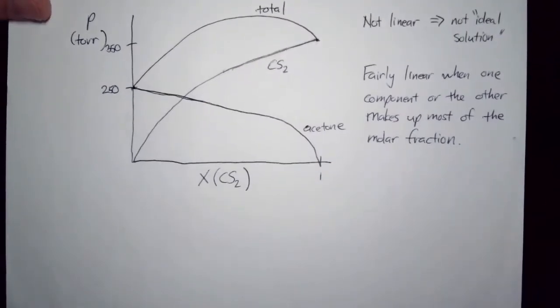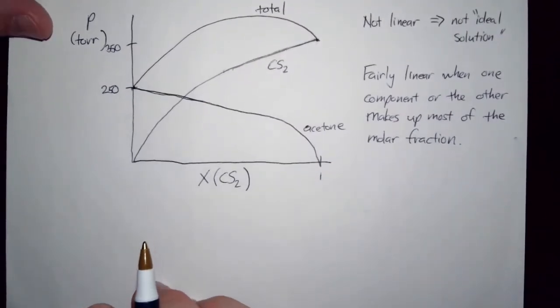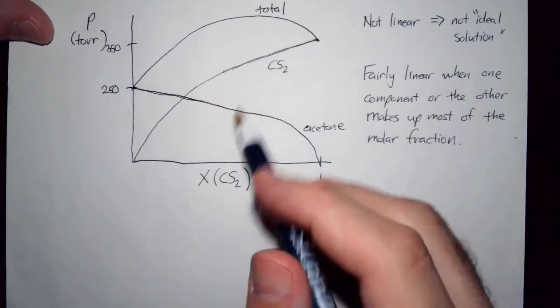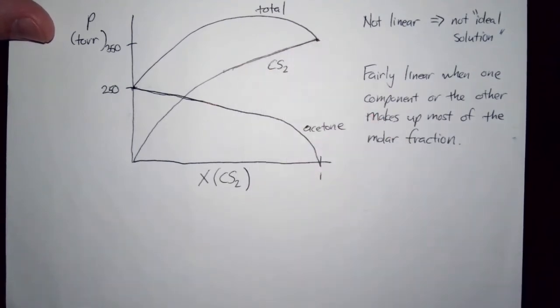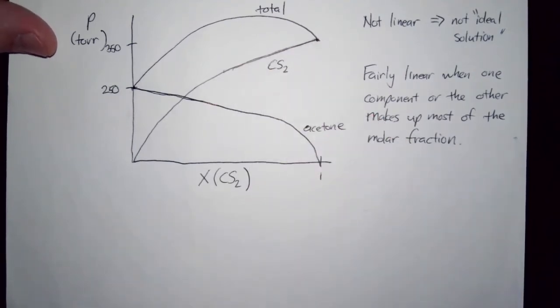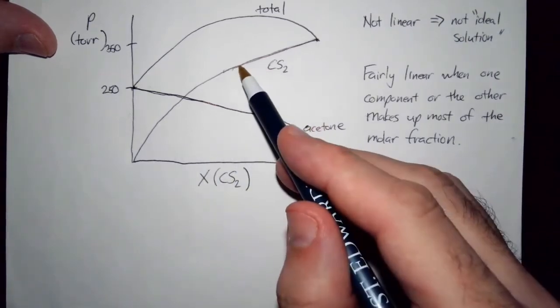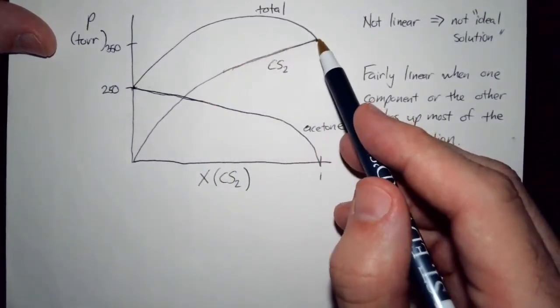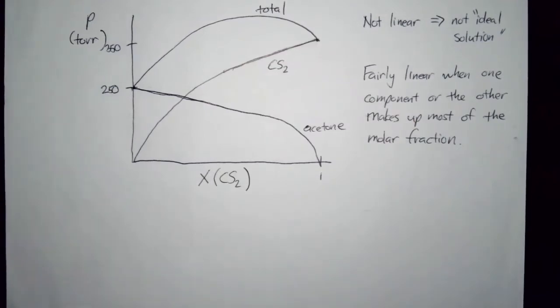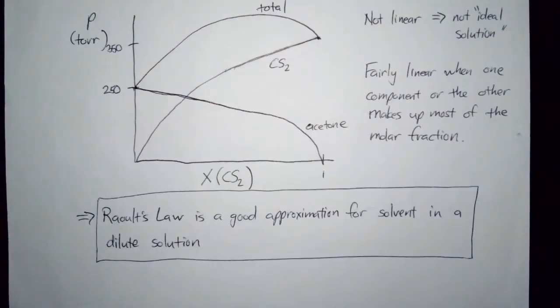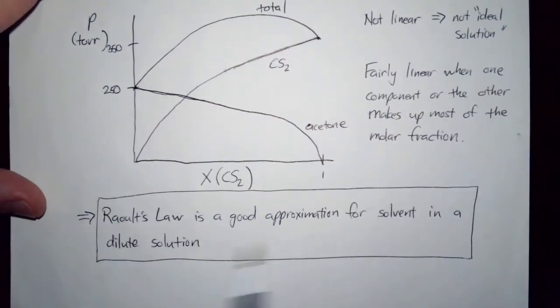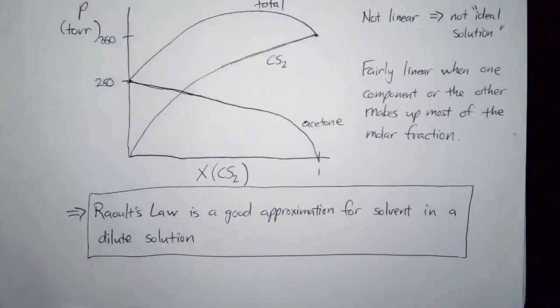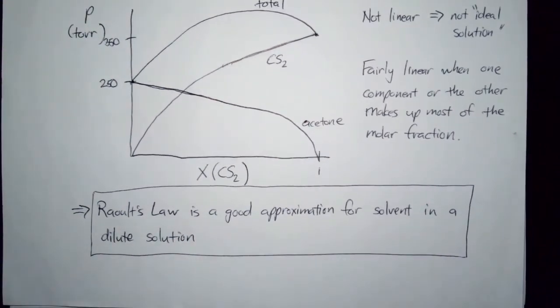So Raoult's law is a good approximation for solvents when the solution is dilute, so that the solvent makes up the vast majority of the mixture. The conclusion we can draw here is that Raoult's law is a good approximation for a solvent in a dilute solution. So that's a useful statement about the solvent.